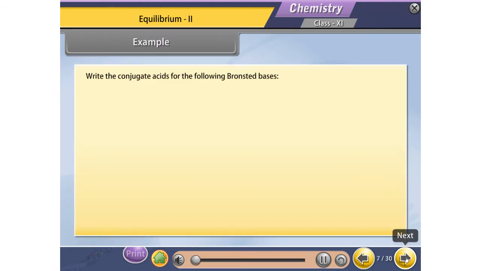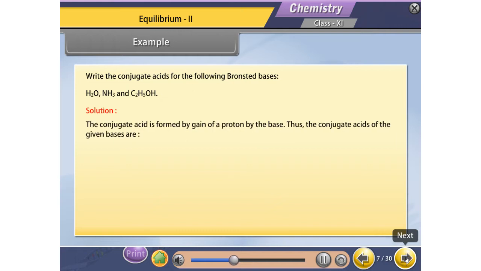Example: write the conjugate acids for the following Bronsted bases: H2O, NH3, and C2H5OH. Solution: the conjugate acid is formed by gain of a proton by the base.